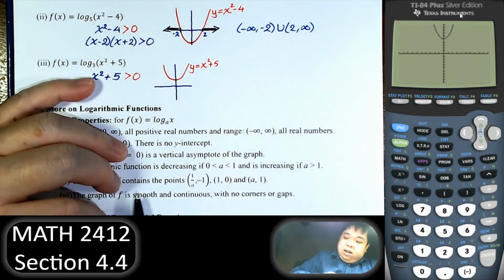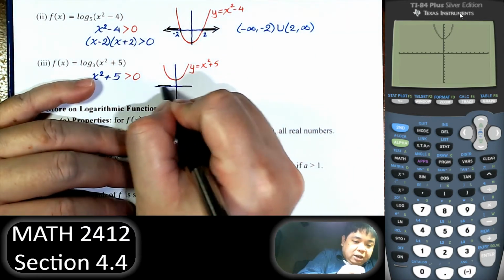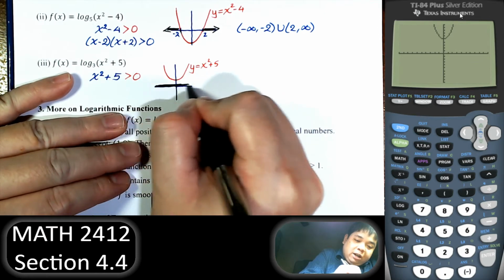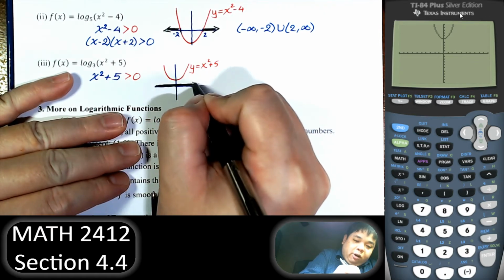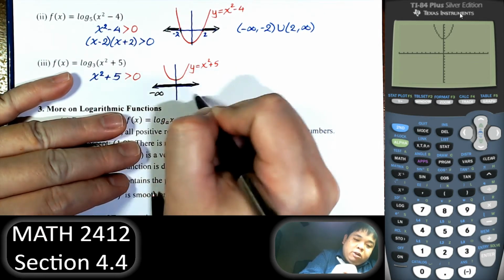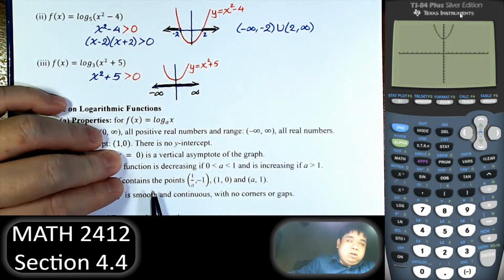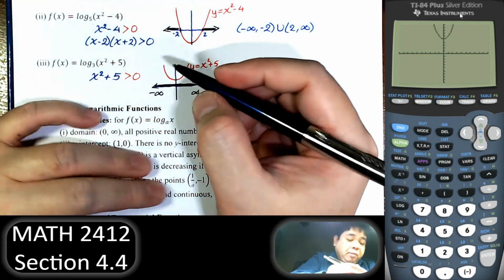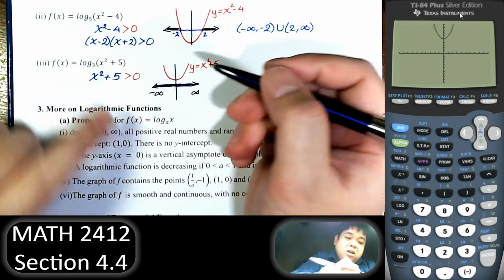Because of that, x squared plus 5 is greater than 0 for every x. So in this problem, the domain is all real numbers, because no matter what x is, x squared plus 5 is positive. So that makes this defined.